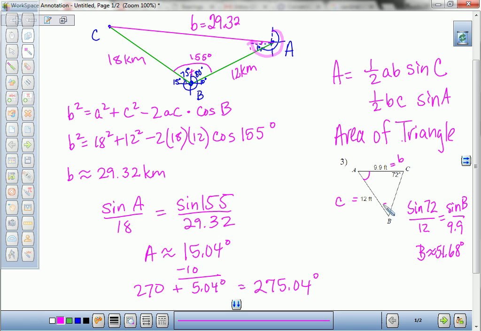Okay, so if this is 51.68 degrees, then we can add that to 72 and subtract from 180 to get that angle A is 56.32 degrees. So that leaves 56.32 degrees for angle A.